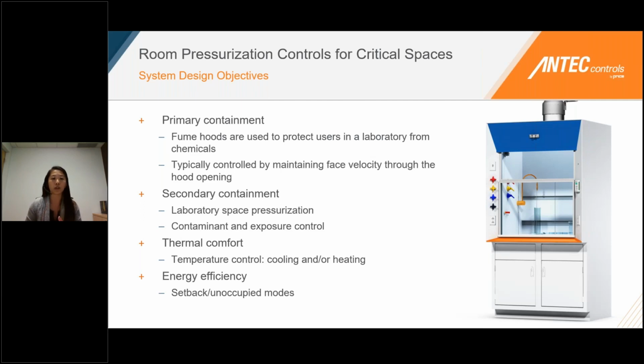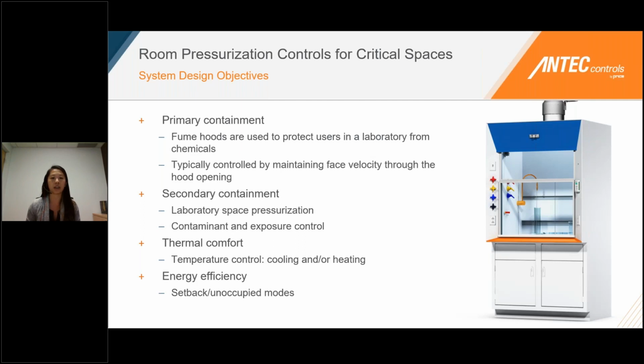The last two factors here, thermal comfort and energy efficiency, are factors that we're going to discuss a little more throughout this presentation. But it's really important to note that although thermal comfort and energy efficiency are taken into account when we are calculating airflows and design requirements in the lab, these will not take priority over containment in these critical spaces.